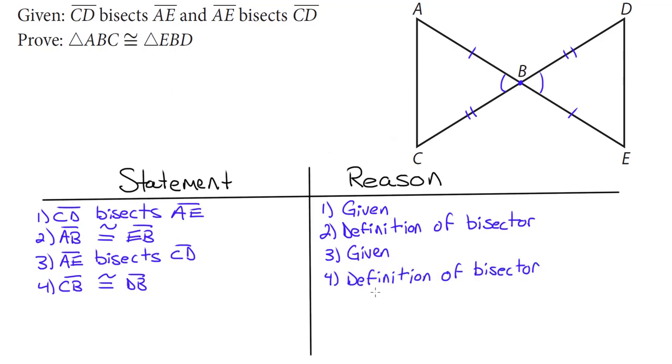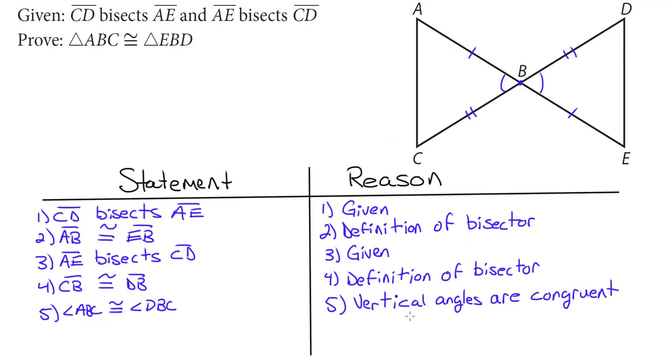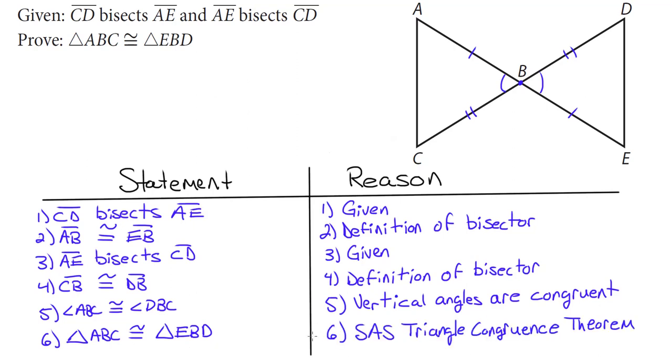Once again, definition of bisector. And we know that angle ABC is congruent to angle DBE because vertical angles are congruent. Now we can prove that triangle ABC is congruent to triangle EBD because of the SAS Triangle Congruence Theorem.